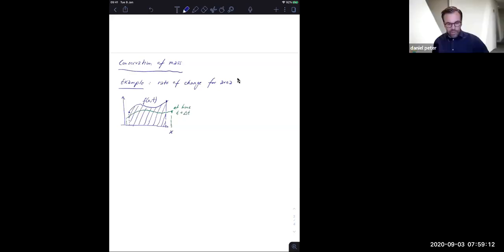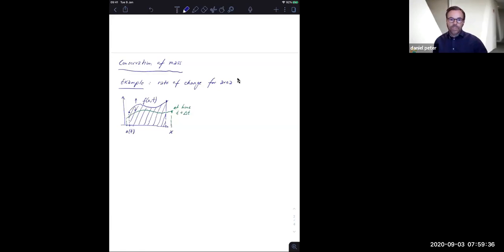So the function is allowed to change with time. And then the boundaries, or the start and end points: let's say the start point is a function a. So the position as well is a function of time, since the function f can change with time.